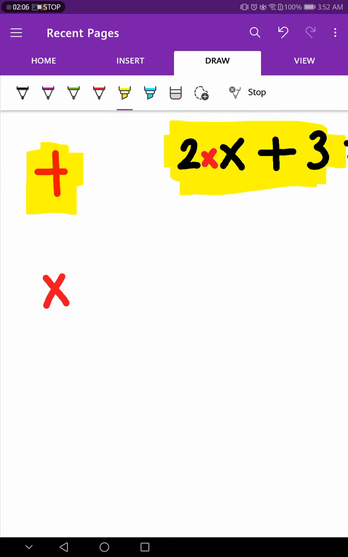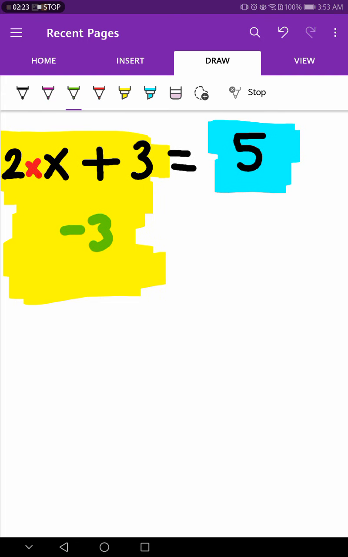Yes. What is the inverse of addition? It is subtraction. So subtract 3 from this side, minus 3, and what we do in the left we have to do in the right.